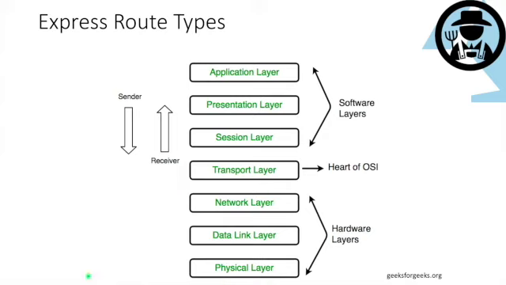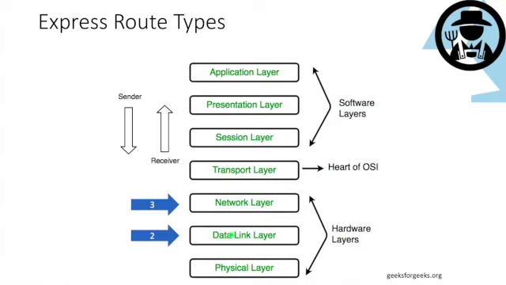All right, let's talk about the Express route types. Before we get into the Express route types, I would like you to have a quick look at this picture. These are the 7 layers. This is layer 7 up here, the application layer, and most of the time Express route operates in layer 2 and layer 3, which is the data link layer and the network layer.